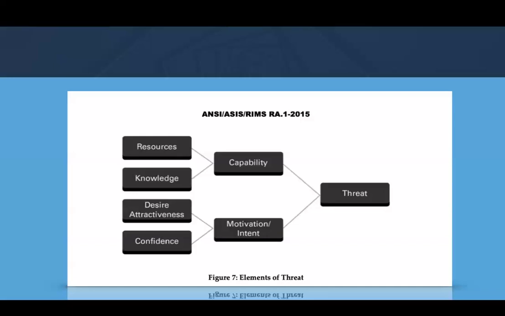Nobody? Okay. So we have capability at the top, and intent or motivation at the bottom. Capability gets into the resources that the adversary or the threat has, and their knowledge, very specifically, of this facility or this target.